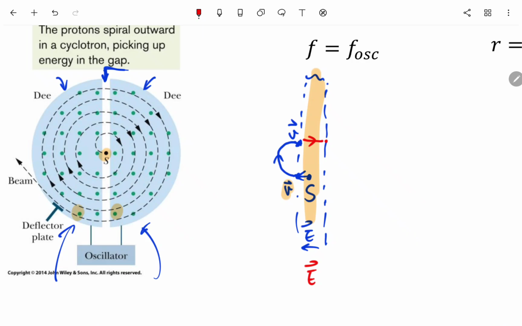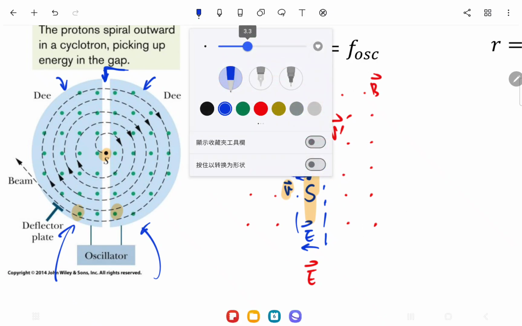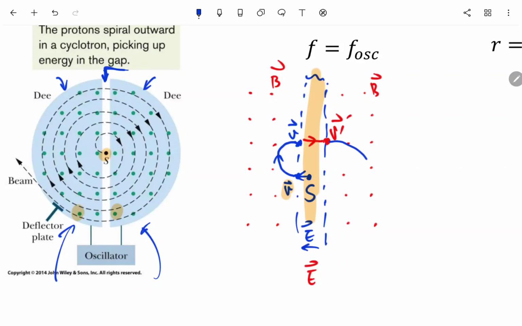At this point it becomes V prime, which is larger than V. Then we have the B field, and this V prime entering this orthogonal B field becomes circular motion again.